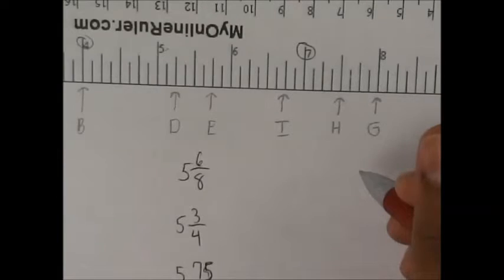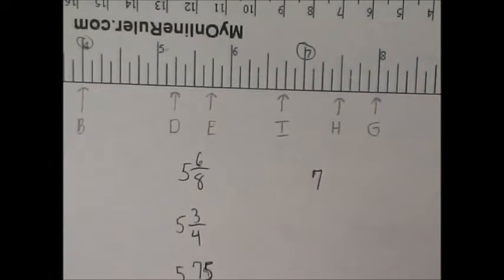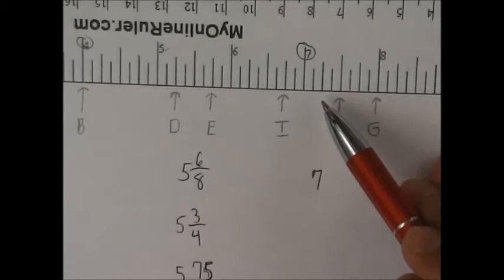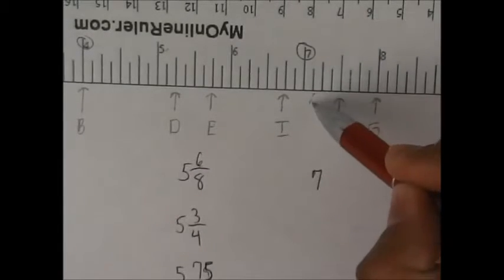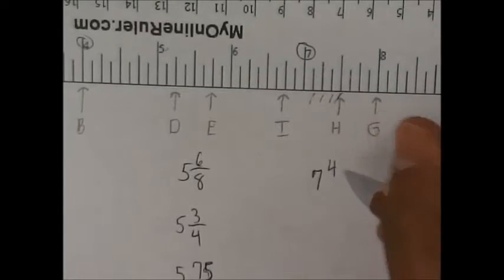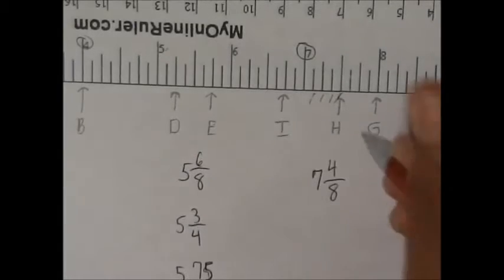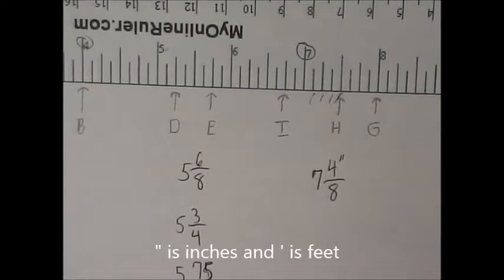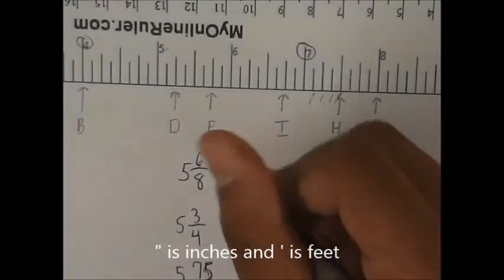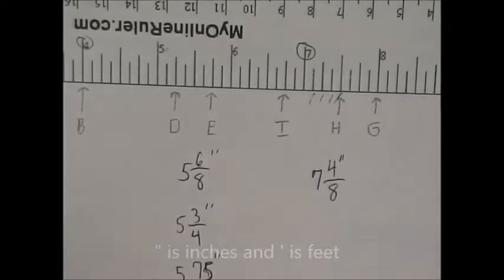So what am I going to do? Correct, I'm going to write 7. Okay? And then how many eighths of an inch? 1, 2, 3, 4. So 7 4/8 of an inch. Remember, double quotes is inches, single quotes are feet. So let me make sure I put all those in there. Okay?